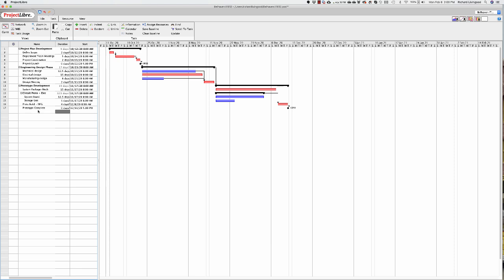Now, one other thing to note here is the color coding. You have both red lines and blue lines. The black lines, we've seen that before. That's the designated indicator for the roll-ups or the summarization of tasks. The red lines, notice how they waterfall spread out, where some of the blues are in parallel.